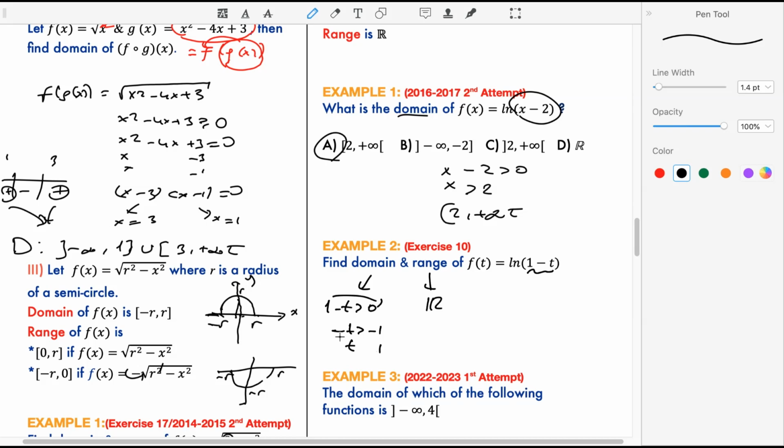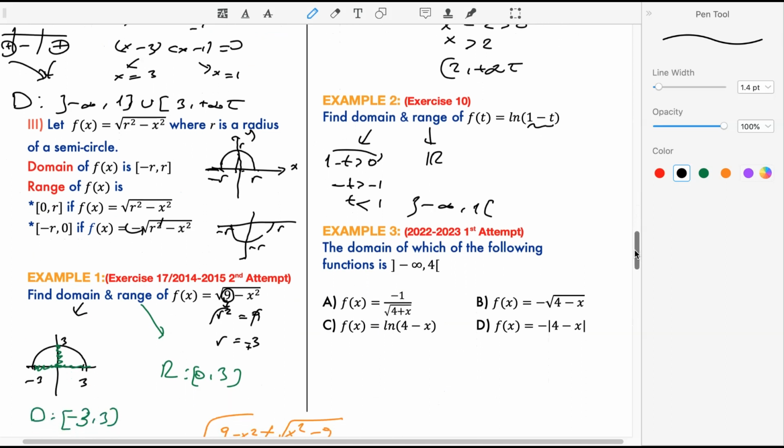When you do this, both of them will turn positive and the direction of the inequality symbol changes. So t is less than 1. Write this as interval notation. Less than 1, numbers on the left, smaller than 1. So numbers are from negative infinity to 1, exclusive.